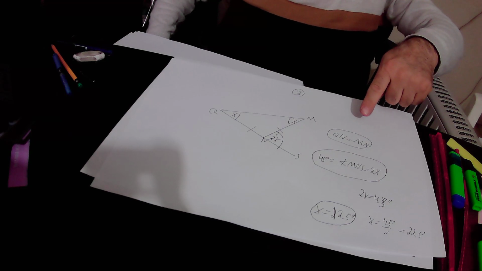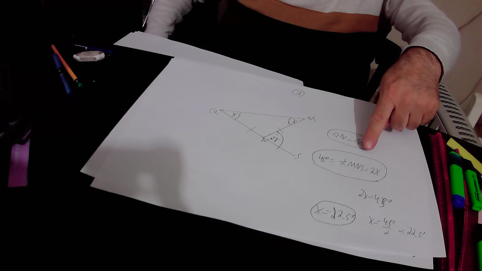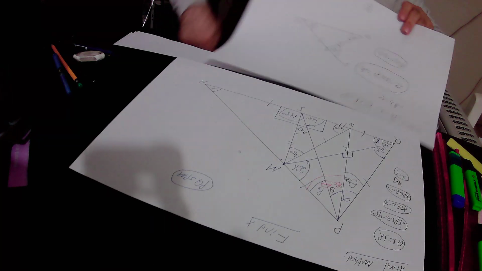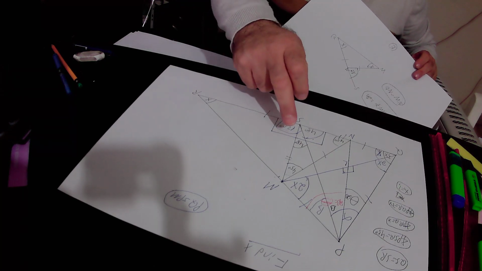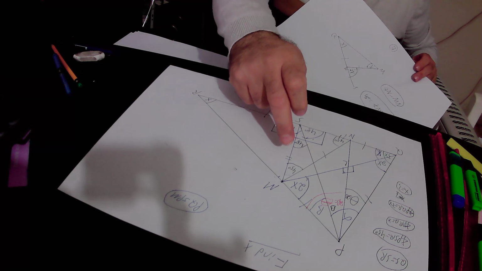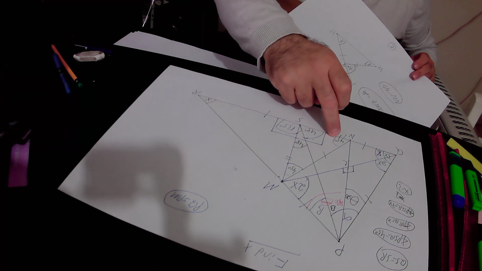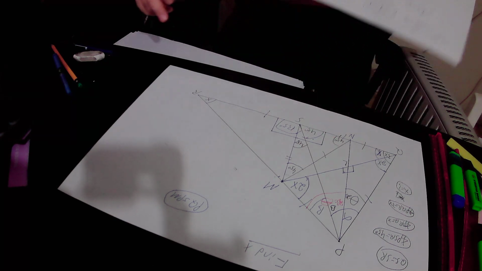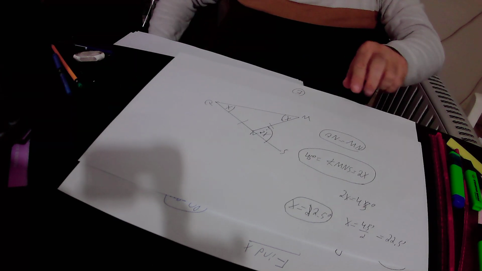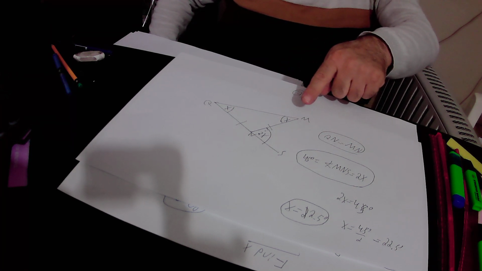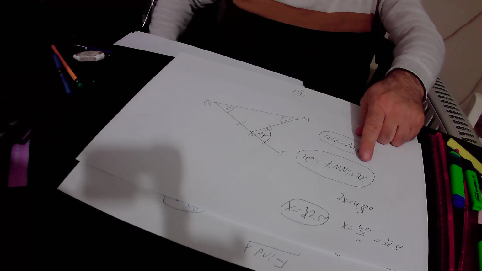So we found out that angle MNS equals 2x from one side, but we have already found out that this angle MNS equals 45 degrees. So from one side, angle MNS equals 45 degrees, and from the other side, angle MNS equals 2x.